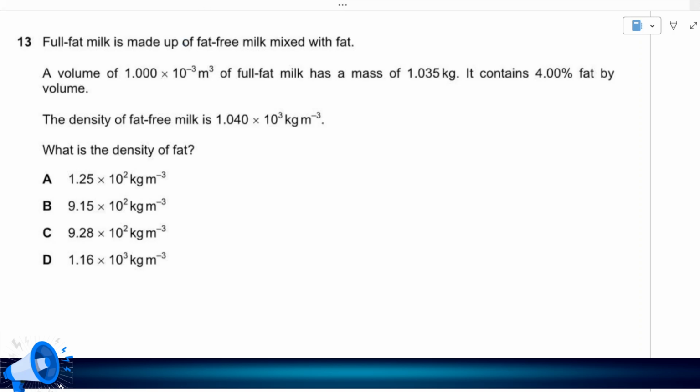Full fat milk is made up of fat-free milk mixed with fat. So in this question, if you could read the statement, we have three things. We have fat, we have fat-free milk, and if we combine these two in a certain ratio, then what we get is full fat milk.